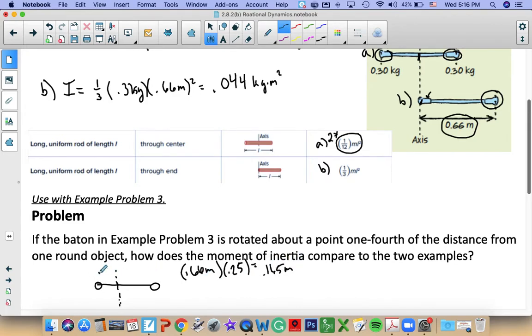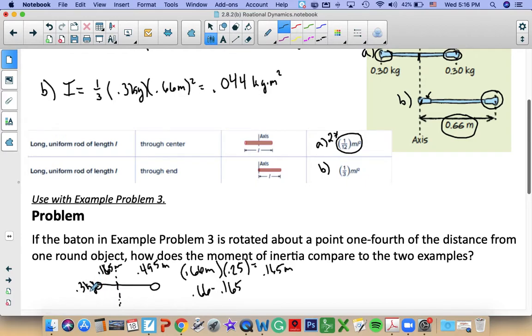And we have to figure out what this other one's going to be, so we take that away from 0.66. So 0.66 minus 0.165, and that's 0.495 meters. Alright, so I didn't change my mass. Those are again 0.3 kilograms.